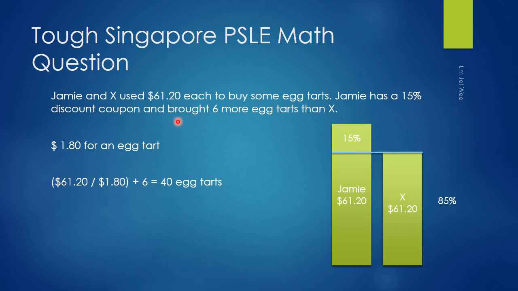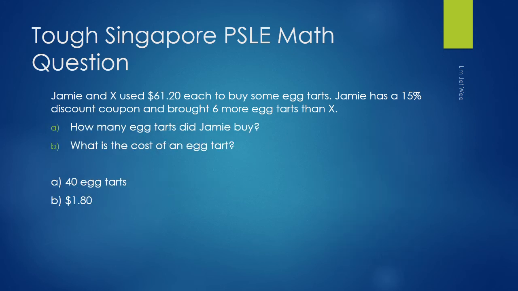Because Jamie bought 6 more egg tarts. If you solve this, divide first, then plus the 6, you will get 46 egg tarts. And from here we have both our answers. So how many egg tarts did Jamie buy? 46. And what is the cost of an egg tart? $1.80.